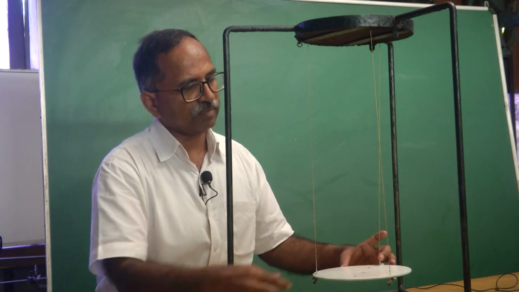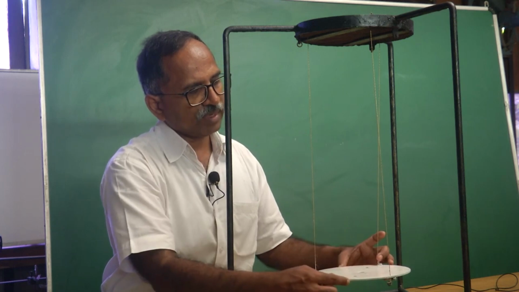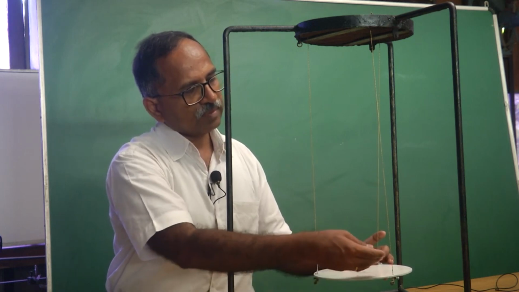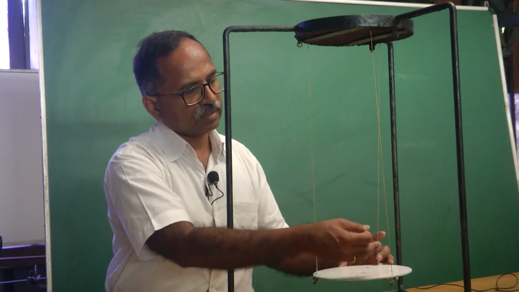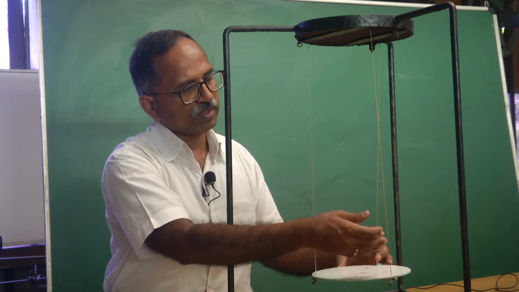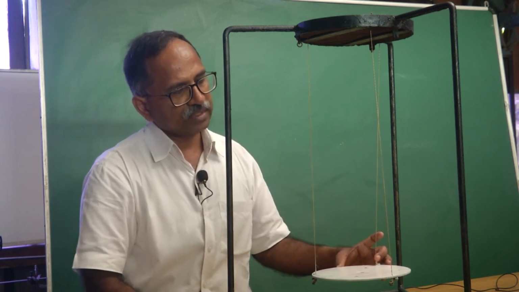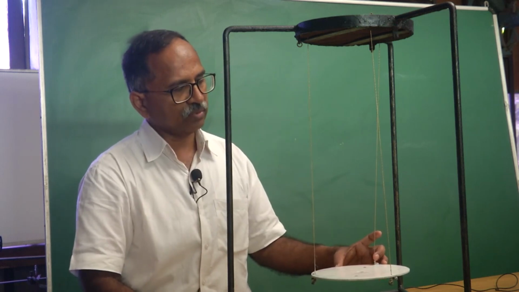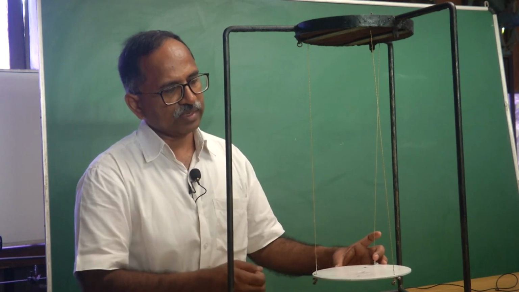Because it is constrained by the inextensible string, the increased length is not possible, since the string cannot extend, and therefore the string actually pulls the plate up. That is how all the 3 strings are going to pull the plate vertically up.